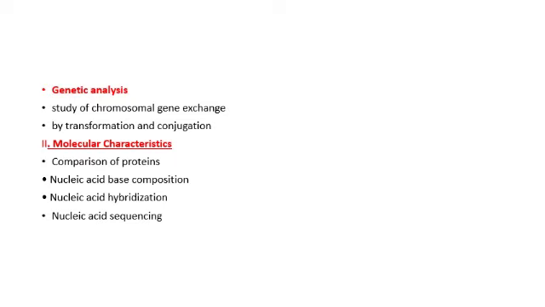Third is the nucleic acid hybridization. Finally, the nucleic acid sequencing. These are the four molecular characteristics used for taxonomy. The classical and molecular characteristics will be discussed in the following sessions.